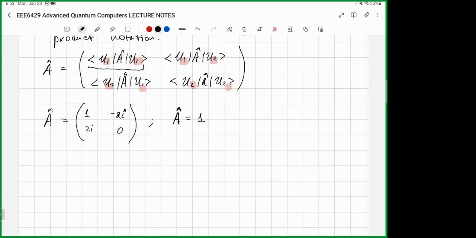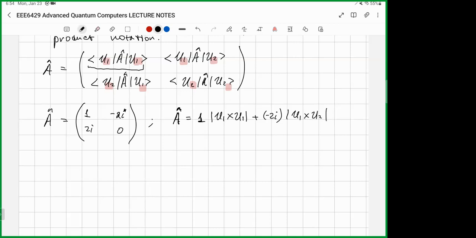by the outer product of vectors u1 by u1, then plus the second element, which is minus 2i, by the outer product of vectors u1 u2, right?